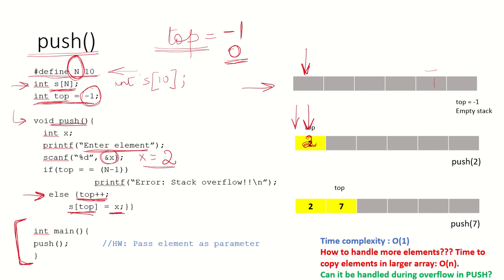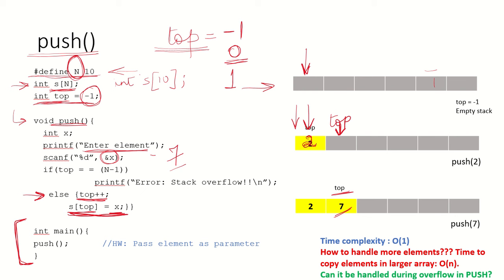Now again we want to push another value, and say the value that the user now wants to put is 7. So again we will have to increment the value of top. So top will now become 1. That means top will now point to the next available space, and now we can insert the value 7 over there at the new value of top.